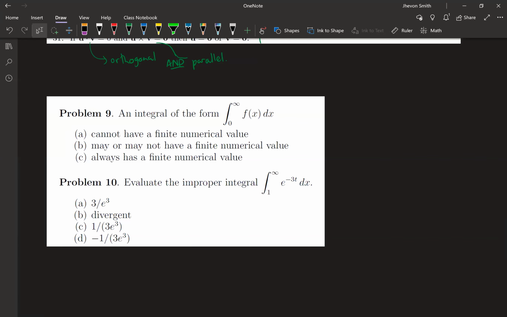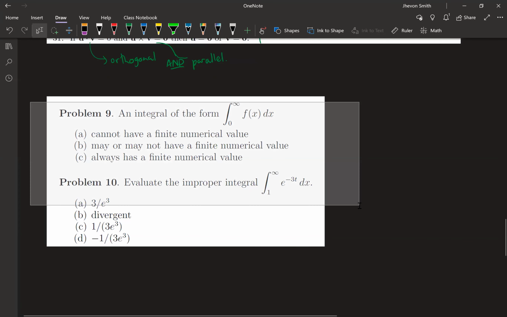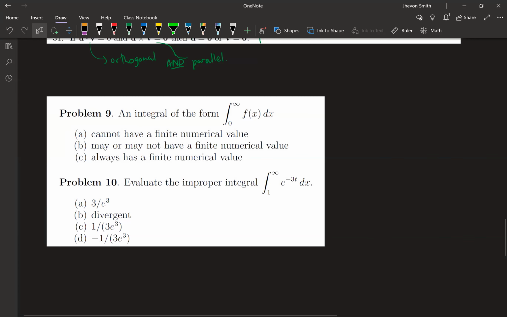B is the answer for what? I posted two problems here, so tell me the answer for both. Okay, keep going. I'm copying and pasting some other things here.